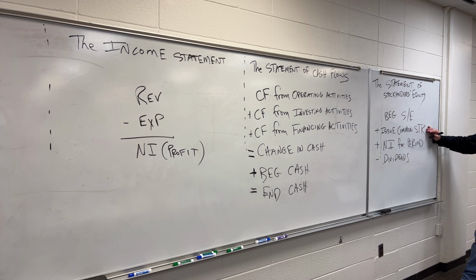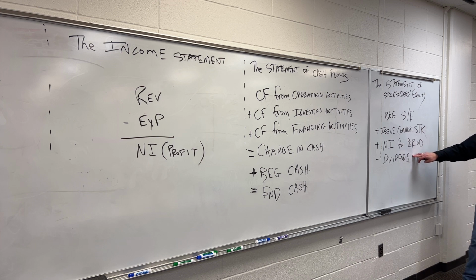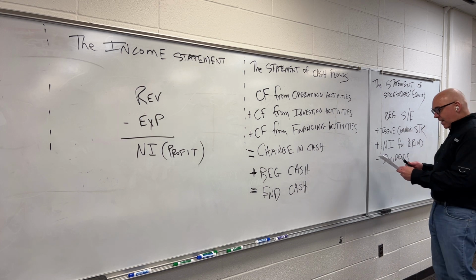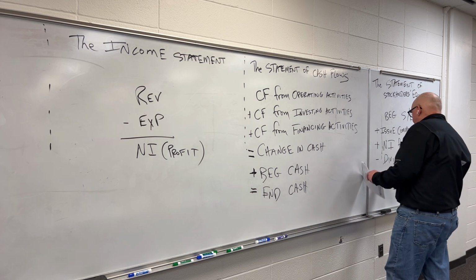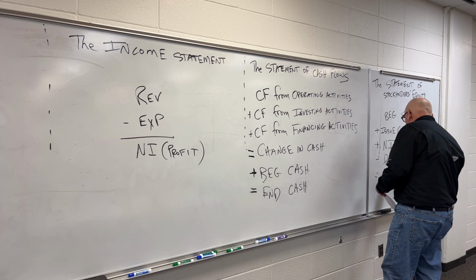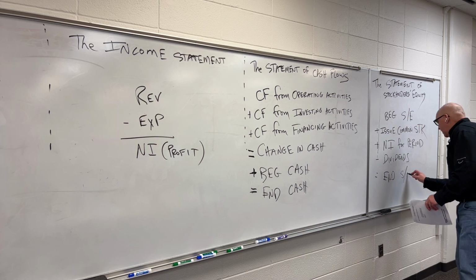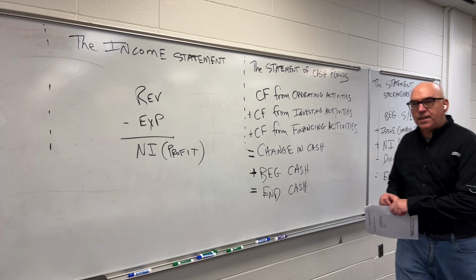Some companies, more than others and more frequently than others, will pay dividends on that stock, meaning they're paying you a little bit of the cash profits of the company. They're paying that to the owners, okay? And then finally, that equals ending stockholders' equity.